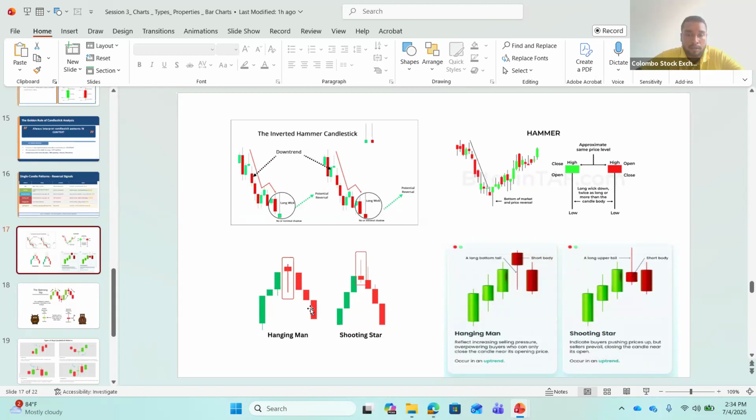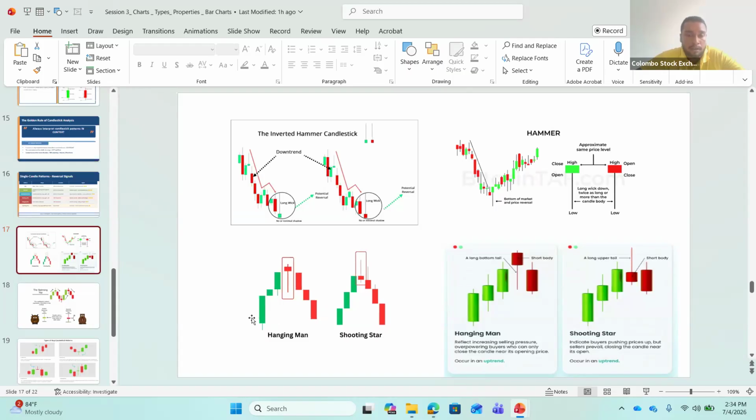And also, the hanging man and shooting star are the same as the hammer and inverted hammer, but they occur in uptrends, right? So when you see a hanging man during an uptrend, that means there could be a reversal, a start of a downtrend.